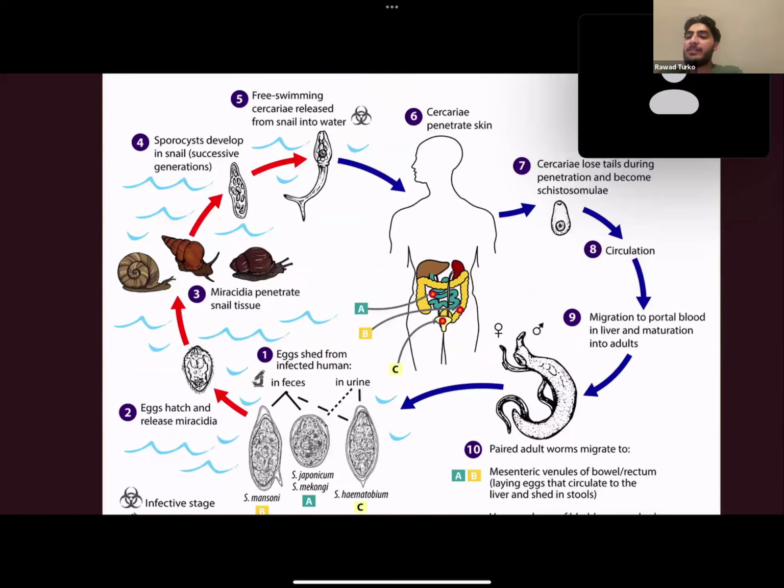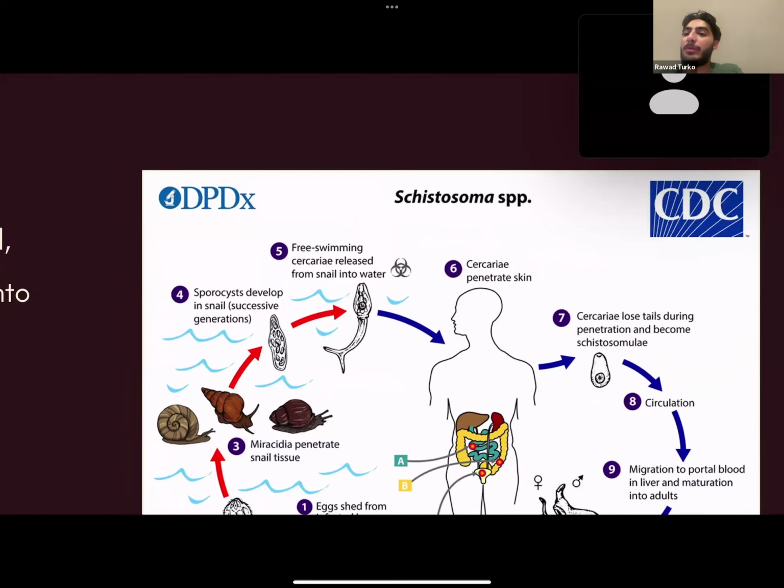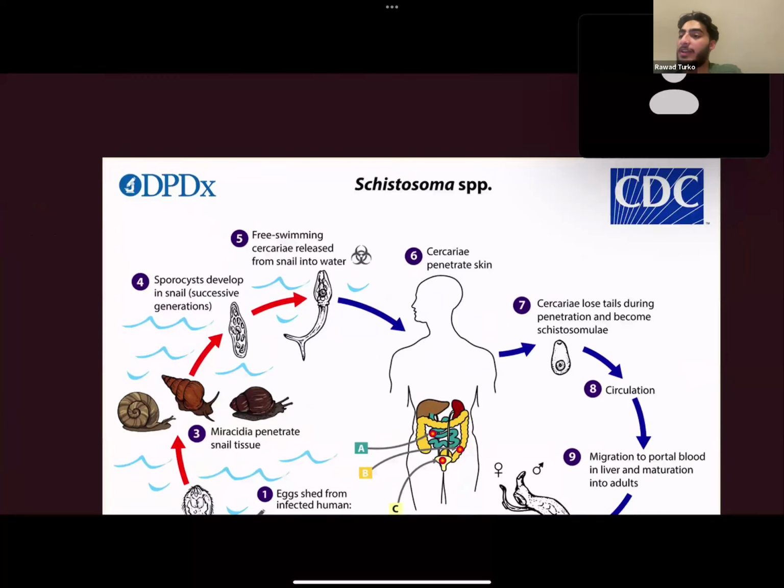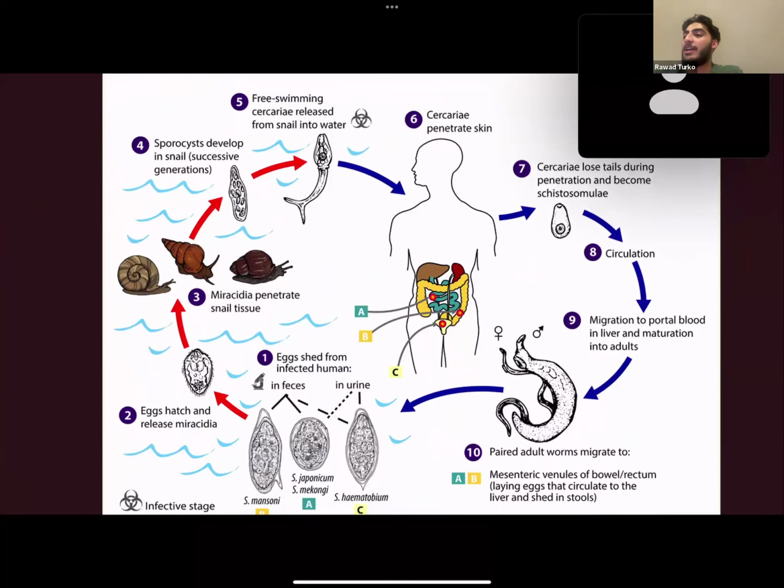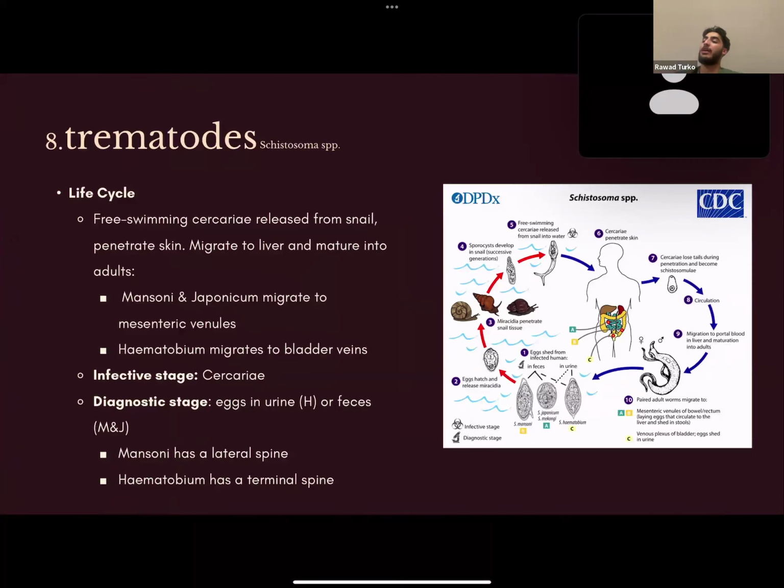The free-swimming cercariae are the infective stage, obviously. The diagnostic stage would be these mature adult worms in the liver before they migrate to either the mesenteric venules or the urinary bladder venules.